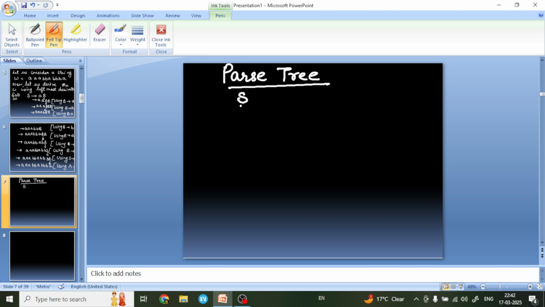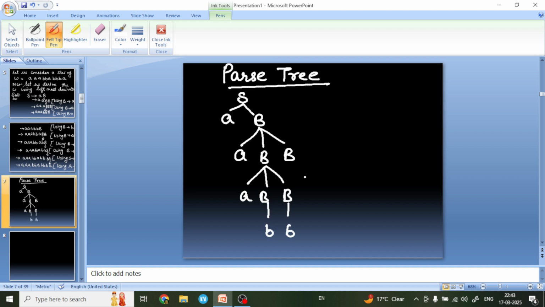First of all, you take S to a B, then take a B B, then take again a B B, and take these B B small b, and after this take again a B B, this B small b, and this B becomes b S, and this S will be b A, and this A will be small a.